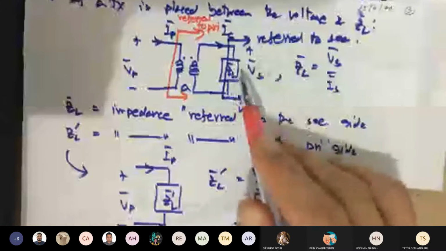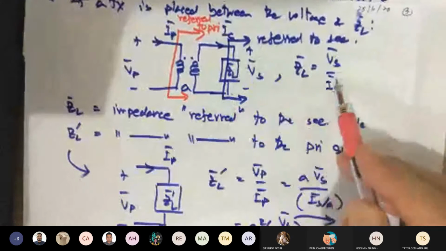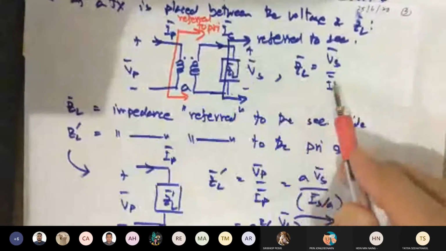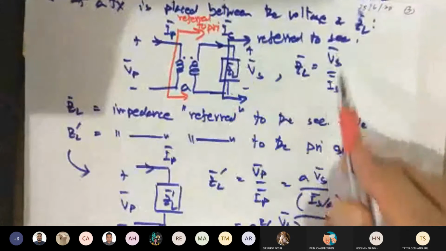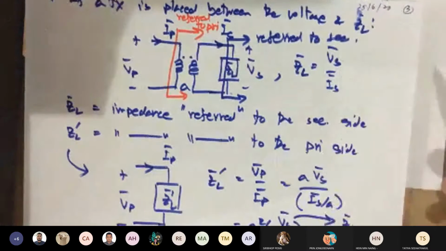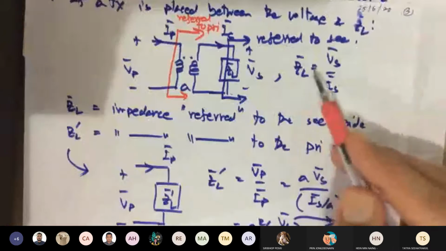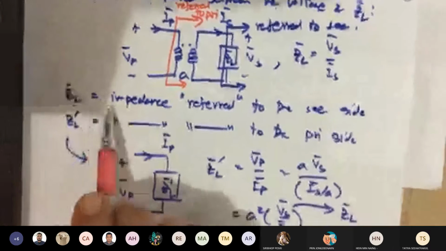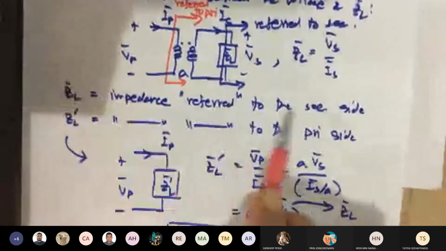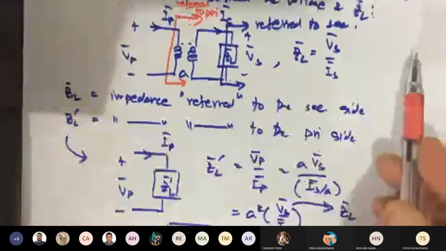Based on that definition that we use, your impedance ZL will become VS over IS. Okay. Nothing changed. I just changed the subscript from L to S. Okay. We say ZL is impedance referred to the secondary side. We're referring to its own side, secondary.